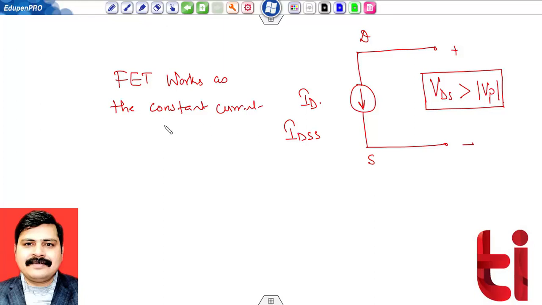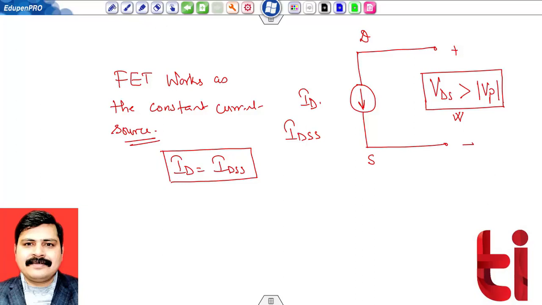As you can check, the value of current is saturated, so this is termed a constant current source, and the value of ID will be equal to IDSS, the maximum value of current flowing between drain and source, when VDS, the voltage between drain and source, is greater than or equal to the pinch off voltage.